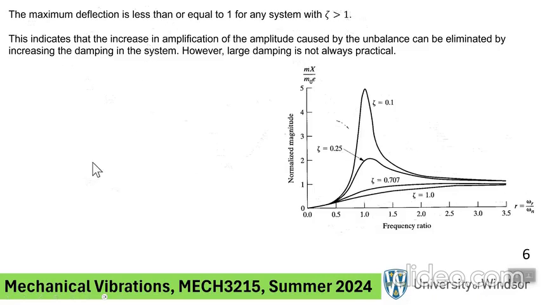So an increase in the amplification of the amplitude caused by an unbalance can be eliminated by increasing damping. Another way is this. You don't like how far your mass or machine is vibrating as far as the amplitude is concerned? Just use a bigger damper. Okay. Make it as big as you want until you're happy with the oscillation of the block, the rectangular block.